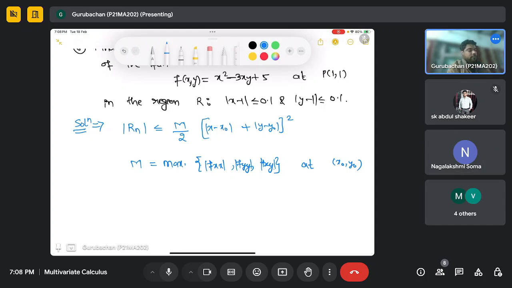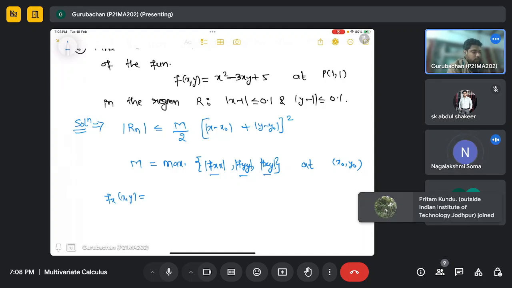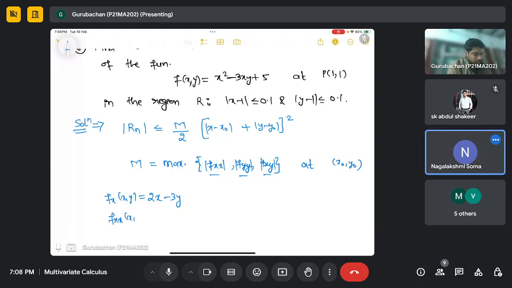Since double derivatives are involved, we first need to calculate these second order partial derivatives. So fx is 2x minus 3y, then fxx is nothing but 2.